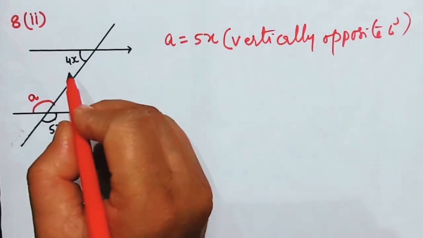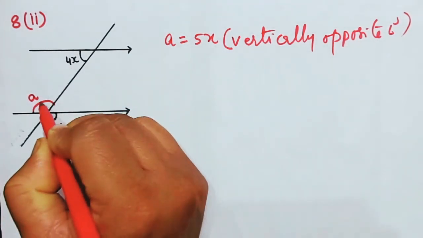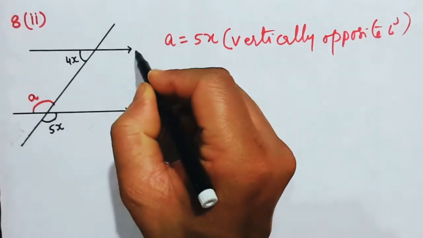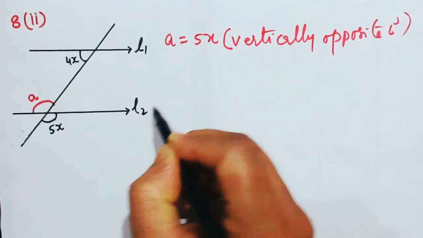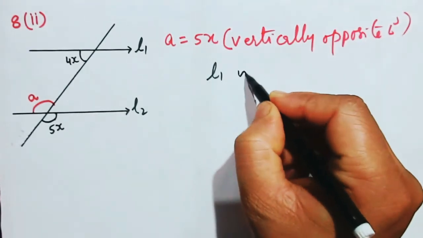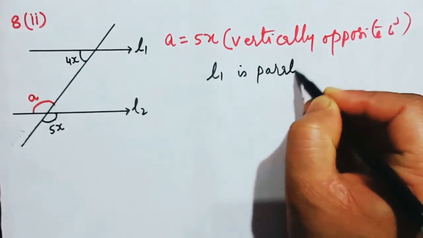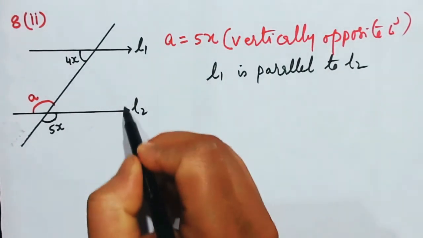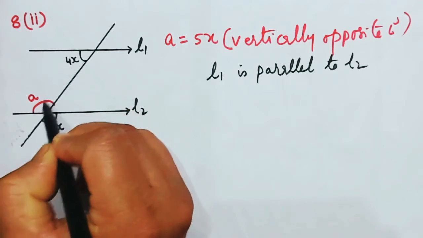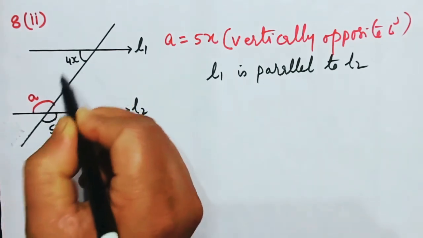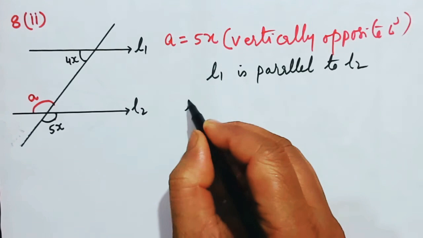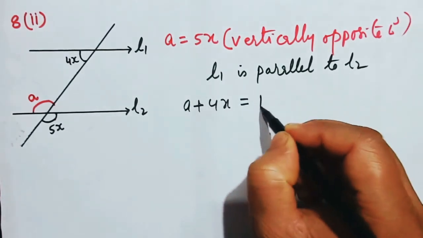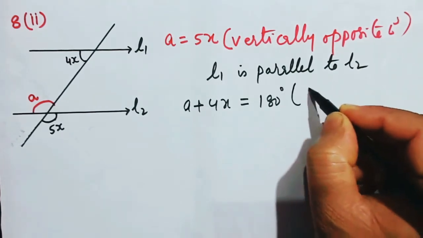Now, let us compare this 4x and A. I observe that L1 is parallel to L2. So when these two lines are parallel, then the sum of the co-interior angles A plus 4x will be equal to 180 degree. Why?